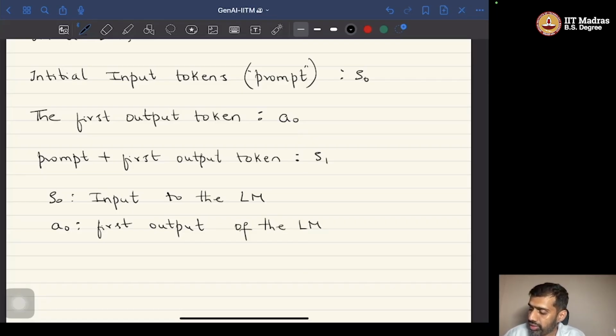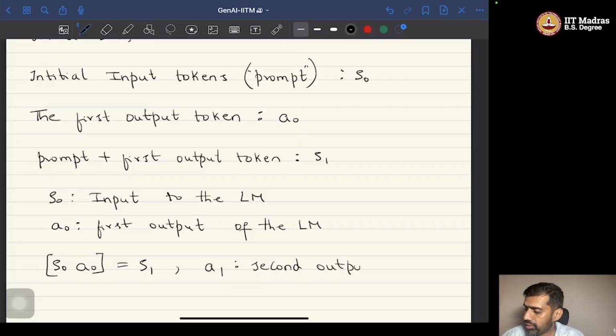We have S0 and A0 concatenated, which is the prompt and the first output token, and that is taken to be S1, and the second action is the second output of the language model, and so on. So this is how we build a trajectory that is required for any RL based algorithm to be applied in the case of a language model.